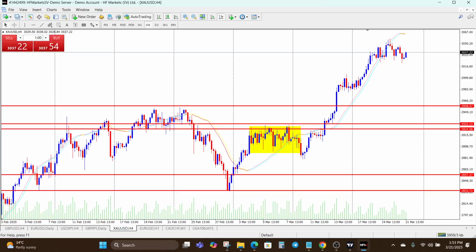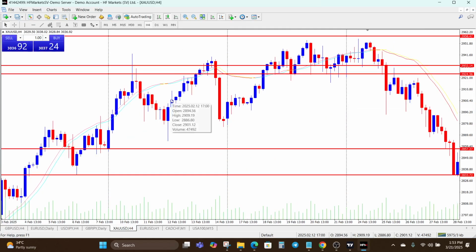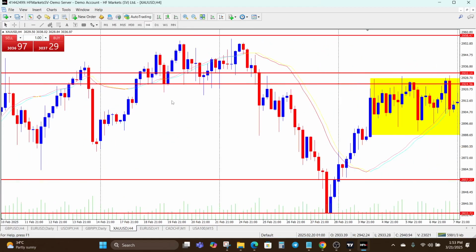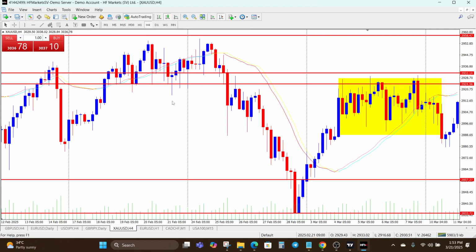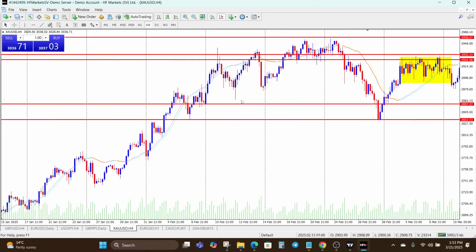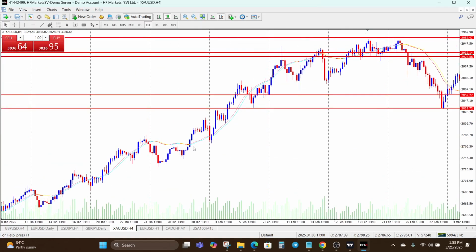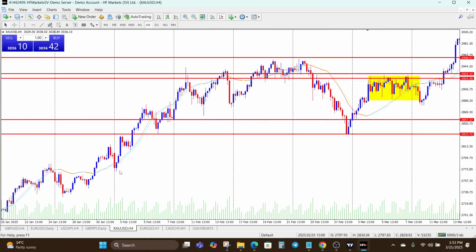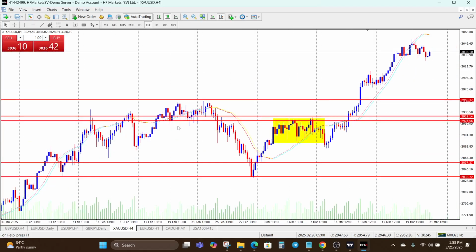For those who are not sure how to exit their trades, the best way to exit a trade is to wait for the trigger lines to change to opposite colors. Like I mentioned already, when you are in a buy trade and the color changes from pink and aqua to red and yellow, it's time to exit your buy trade.